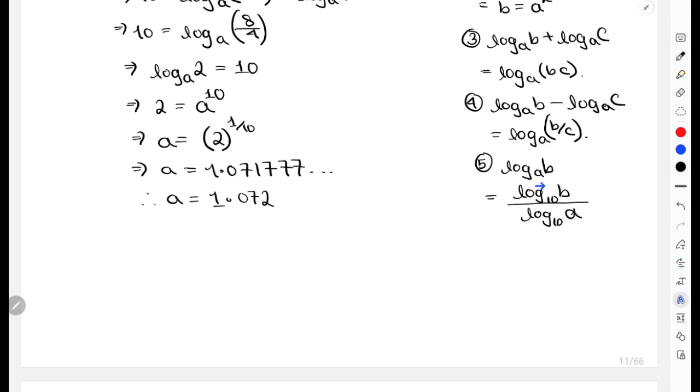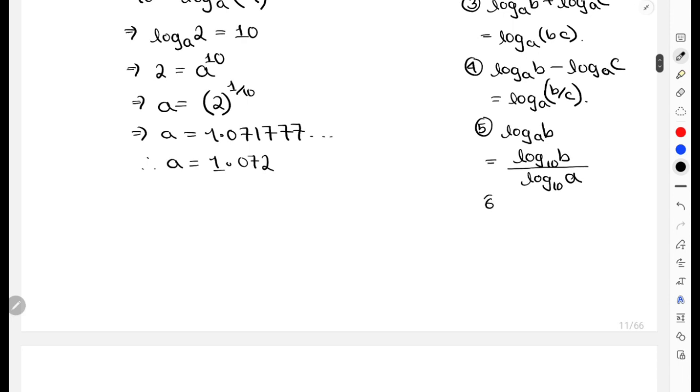You can actually separate the base and the number in this format, where you keep the number in the numerator and you take that base to the denominator. And again, for this case also, they both should have the similar base, so that's why I'm using 10. When you're separating the number from the base by this division formula, you can take any number as the base. I'm taking 10 over here.